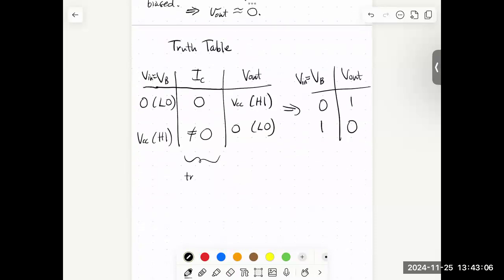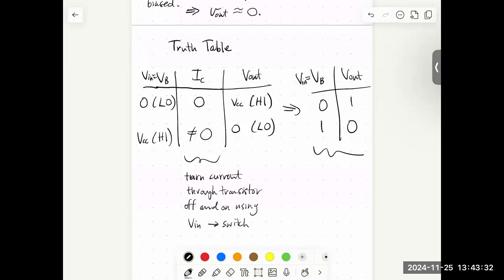So we can turn the current through the transistor off and on using V in. And so this is the switch capability, and the truth table is that of an inverter or a NOT gate.